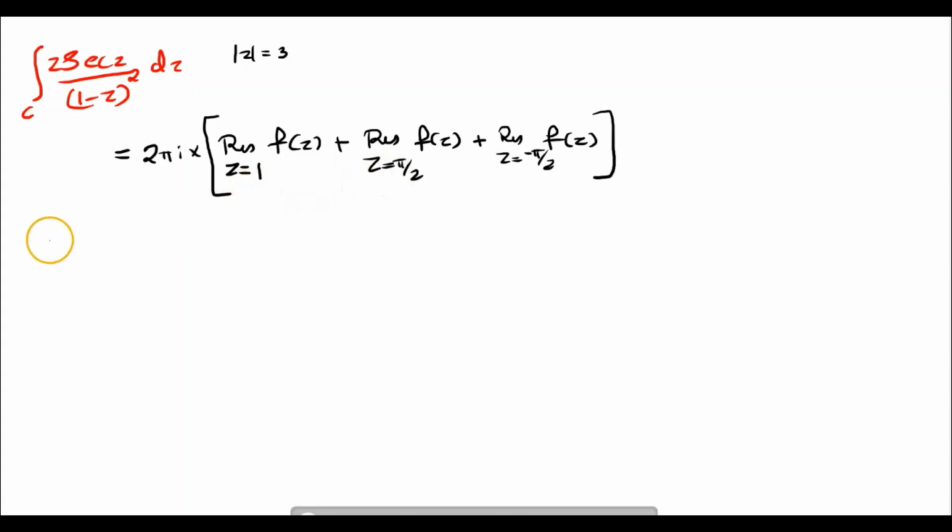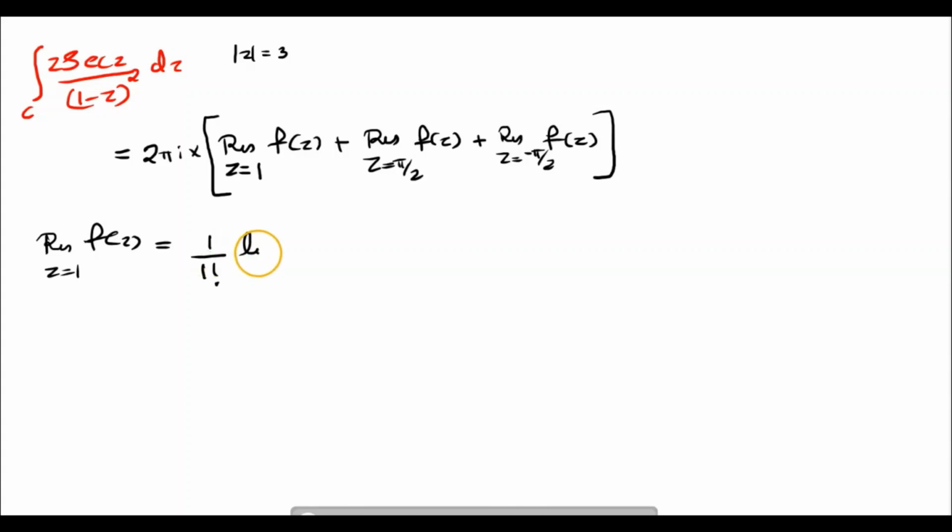Now let's calculate the residue of f of z at z equal to 1. We know that z equal to 1 is a pole of order 2. The formula for the residue of a function at a pole of order n is 1 by (n minus 1) factorial; here it is 1 by 1 factorial. If you are not familiar with this formula, please watch my previous videos on residues.